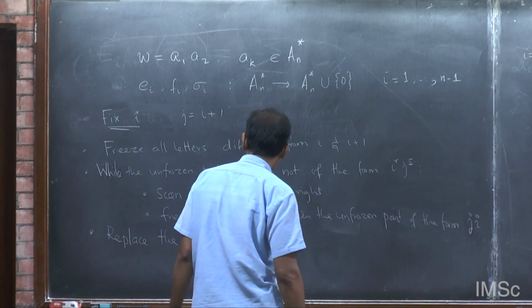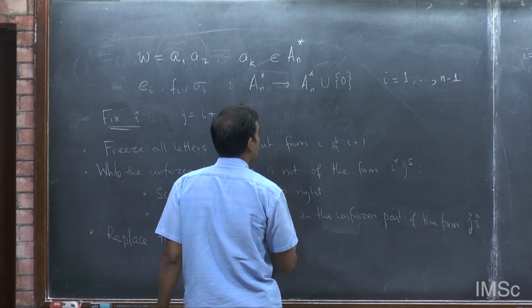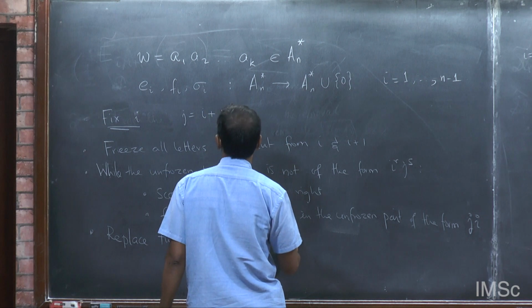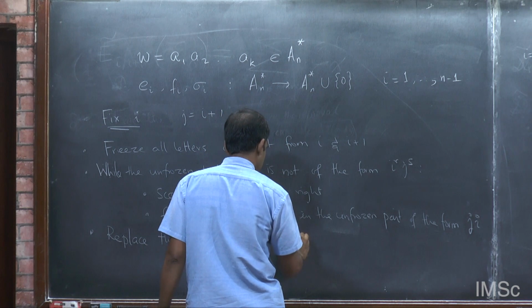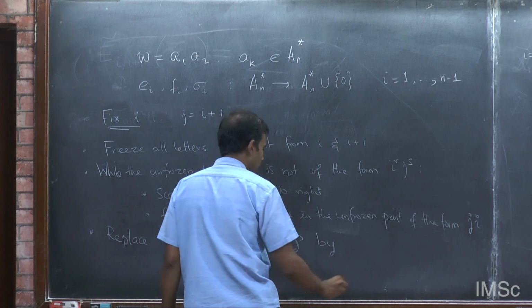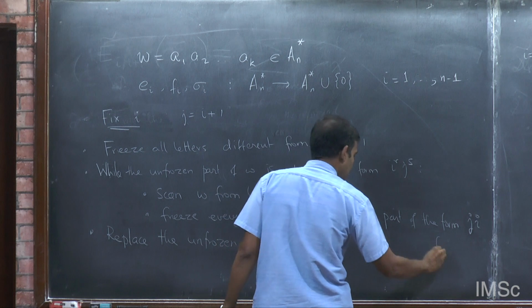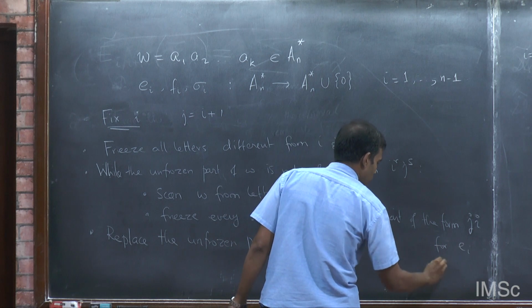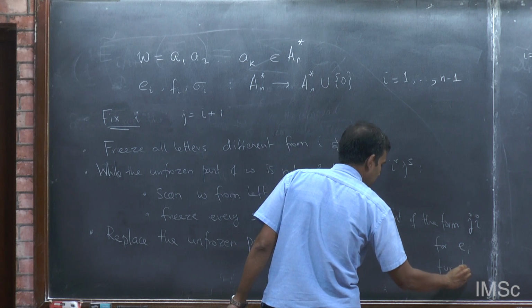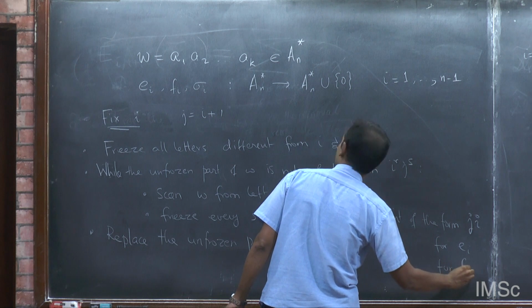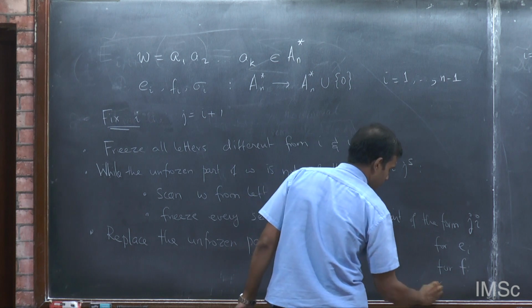So, replace the unfrozen part i to the r j to the s by, so there are 3 cases. So, for E_i, for H_i, F_i sorry, and for sigma_i.